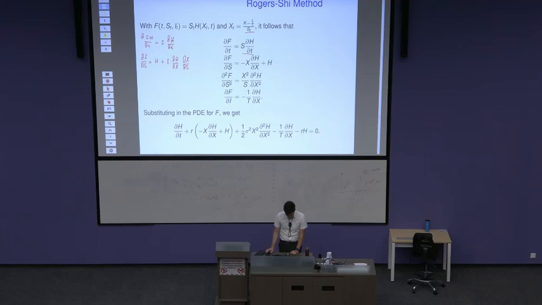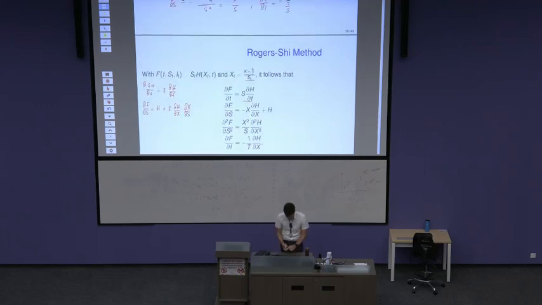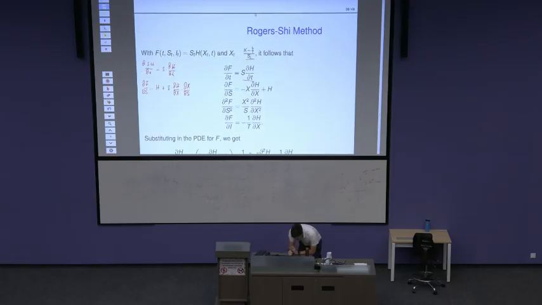Good, and the derivative of x with respect to s is what I have computed here, minus x over s. So this is the same as h plus s times dh/dx times minus x divided by s. Now you see the s cancels out, and I get h minus x times dh/dx. And this is what is standing here.